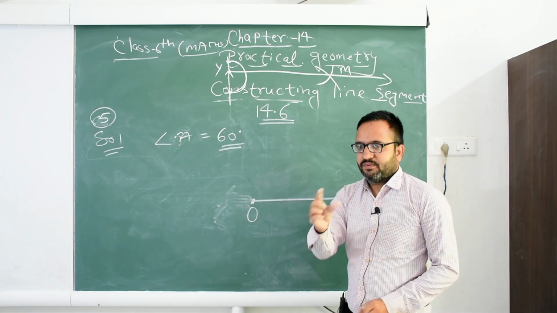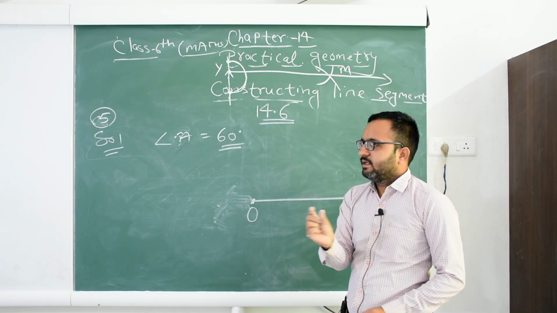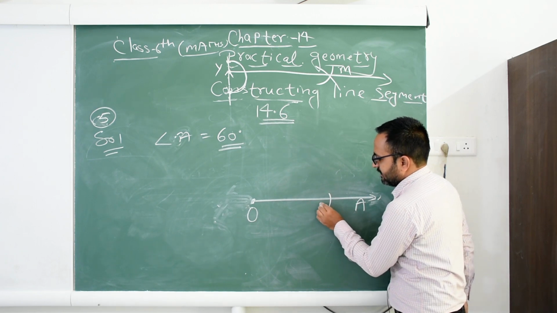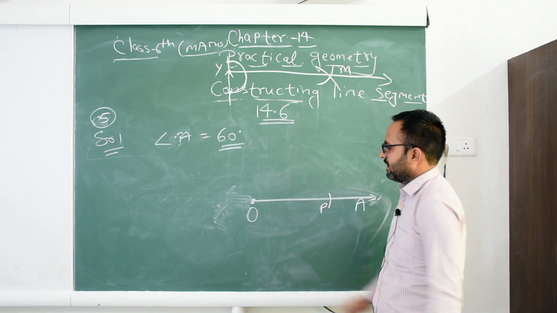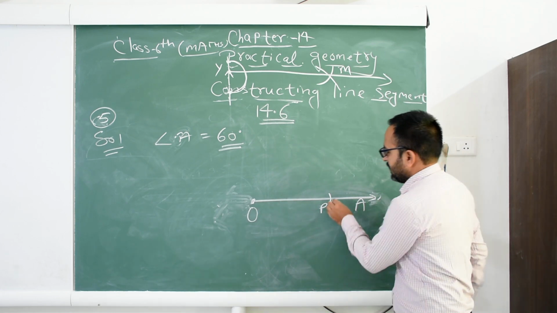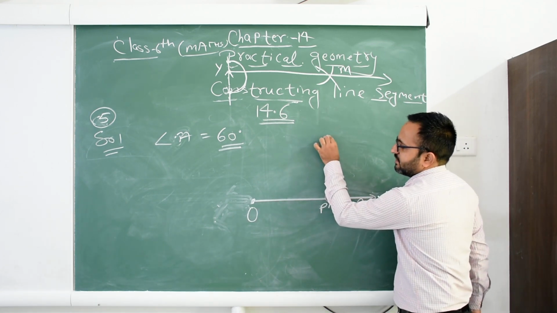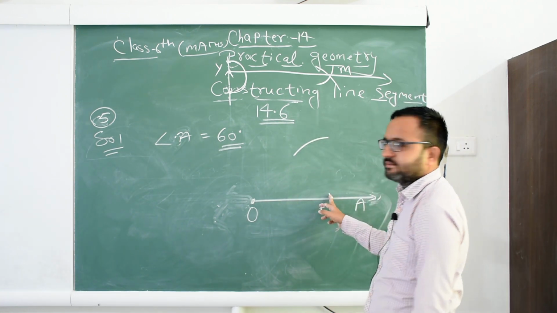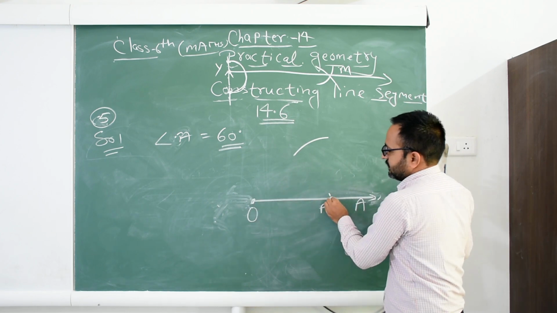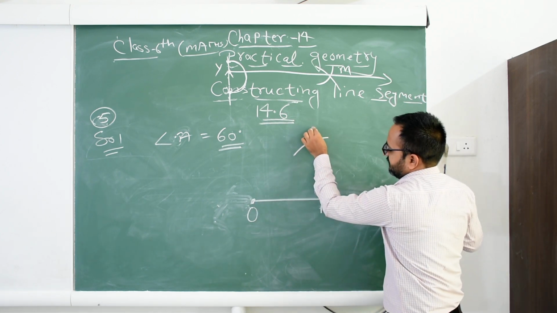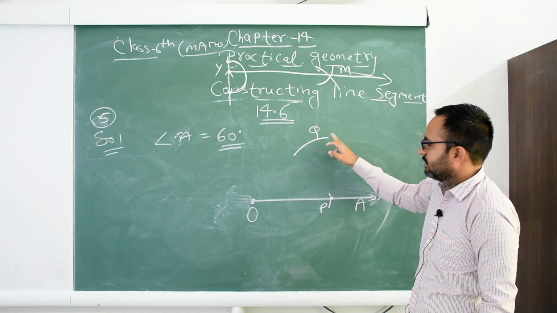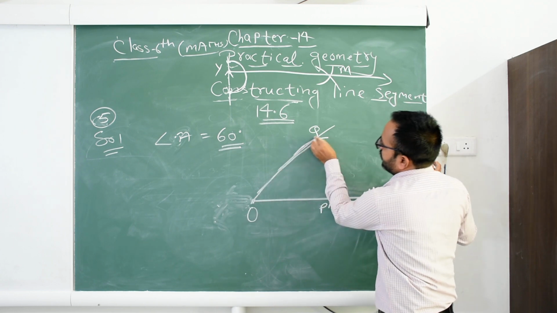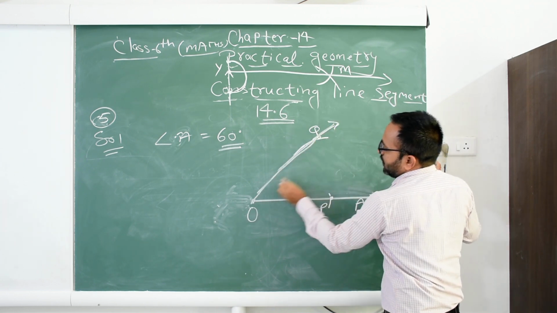With the help of compass we take a sufficient radius, and O is the center. Cut an arc here and give the name P. And same radius, now P is the center, we cut an arc here and give it the name Q, and now we join OQ. So OQ makes your 60 degree angle.